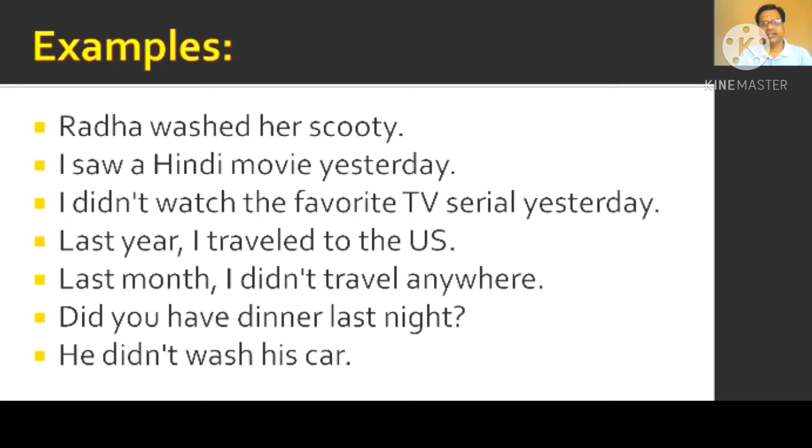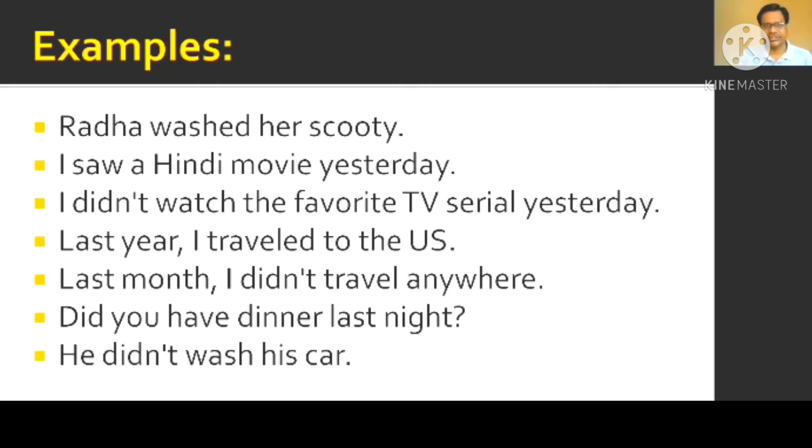Now you see a few examples on your screen. Radha washed her scooty. Radha has her own scooty, and probably not now, not in the present time. The action of washing the scooty is already done. It means the action is related to the past. So you need to simply say, Radha washed her scooty.